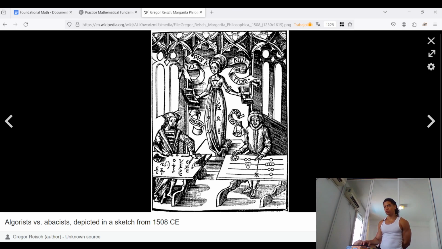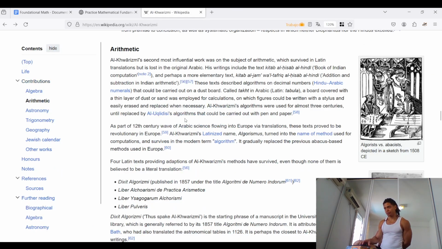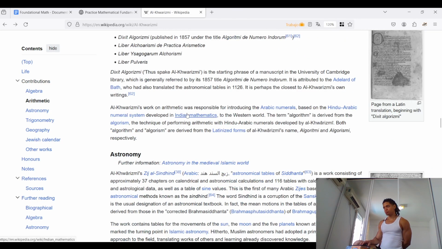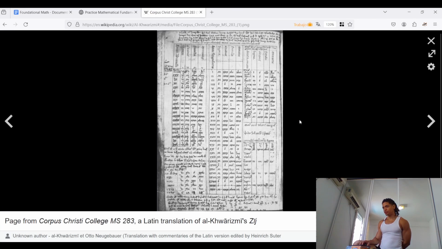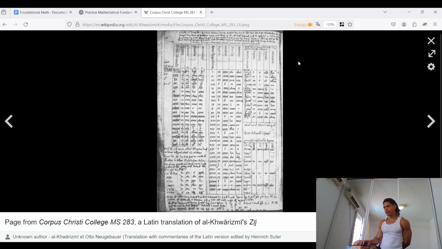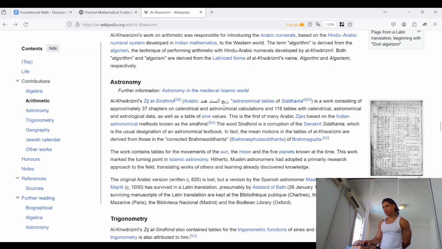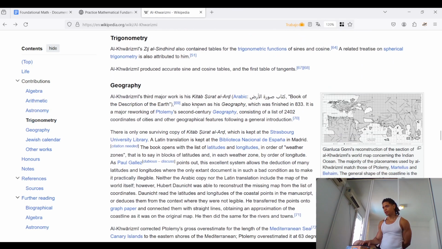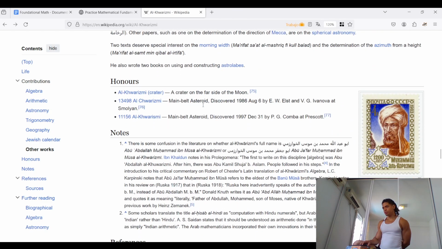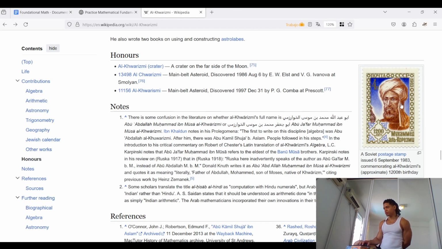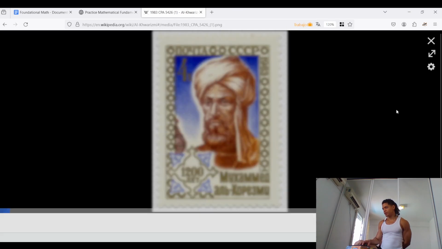There is just a particular technique or strategy that conducts to faster outcomes, to better outcomes, or to the desired outcome. So this is part of the beauty of this, and with astronomy here, the Latin translation of algorithm, trigonometry and geography. A Soviet postage stamp issue here.